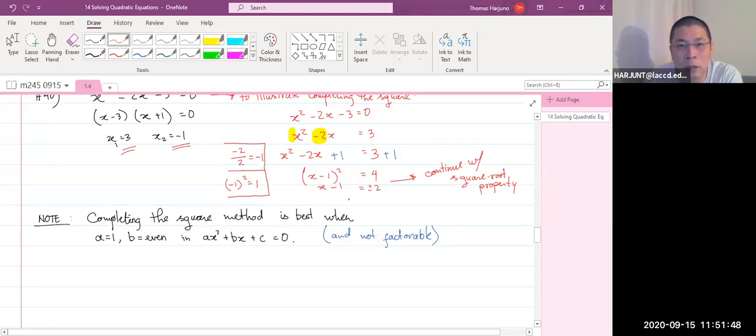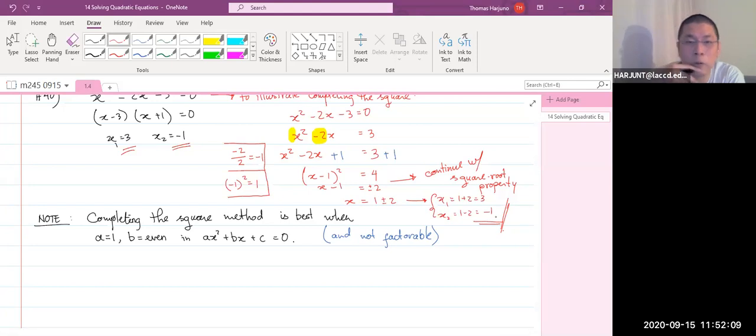So you will get x equals 1 plus minus 2, and then x1 is 1 plus 2, which is 3, x2 equals 1 minus 2, which is negative 1, the supposed answer. That's why you need to split it.